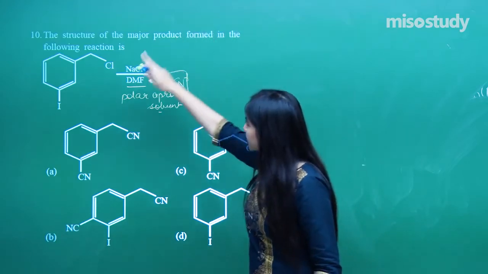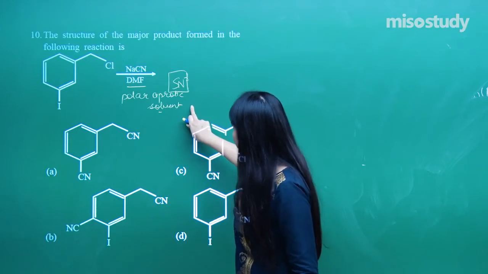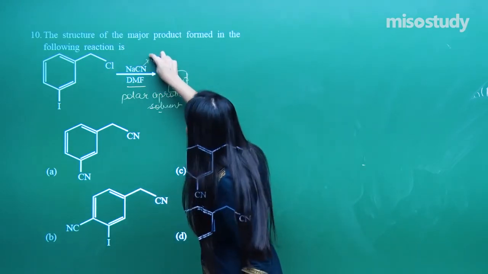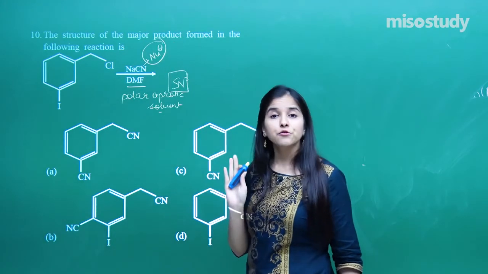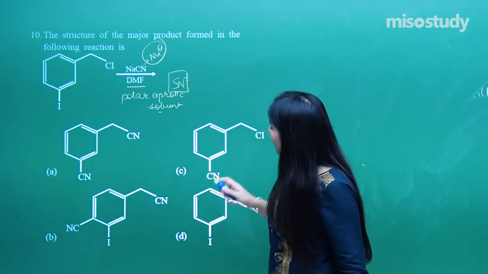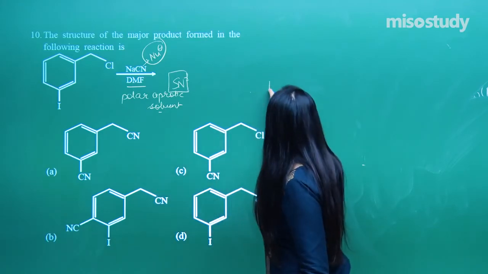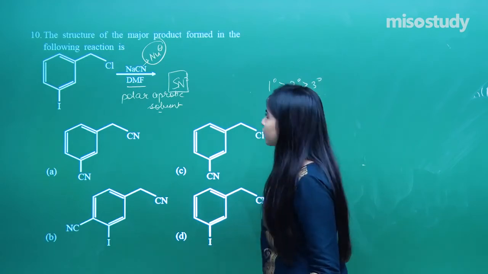Now if you go into the detail, what do you have? Always remember that this is a nucleophile, so we can confirm from here that this is a nucleophilic substitution reaction. And in the case of nucleophilic substitution, we all know the order: primary, secondary and then tertiary for the carbons.